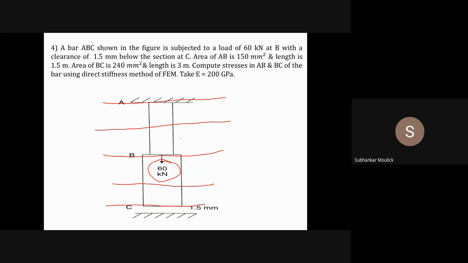This is nothing but the Gauss elimination method, one form of it. So I will set F1, F2, F4, F5 to 0. They will not actually be 0, they will have some values, but I will not be able to solve the resulting matrix equation if I do not put them as 0.